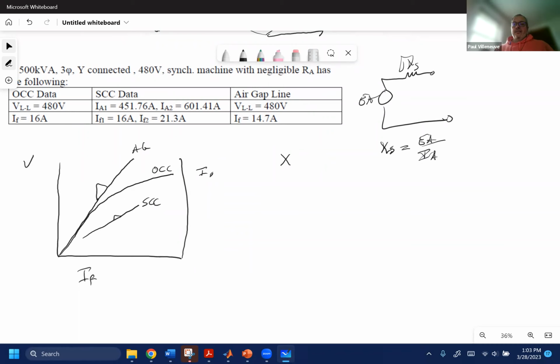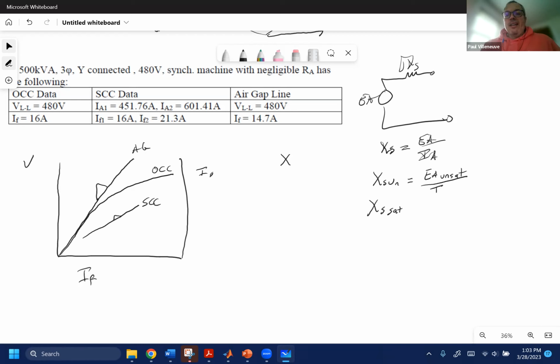So here's EA and here's IA. You have to solve for two XS's: an XS unsaturated and an XS saturated. This EA has to be an unsaturated value.